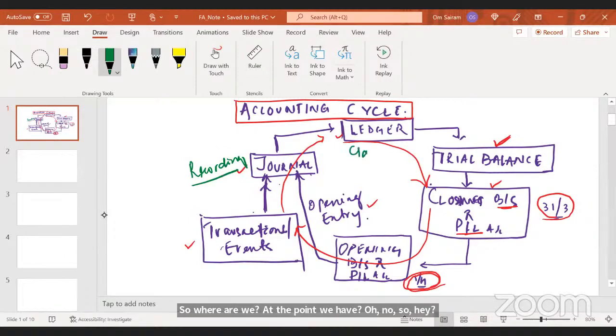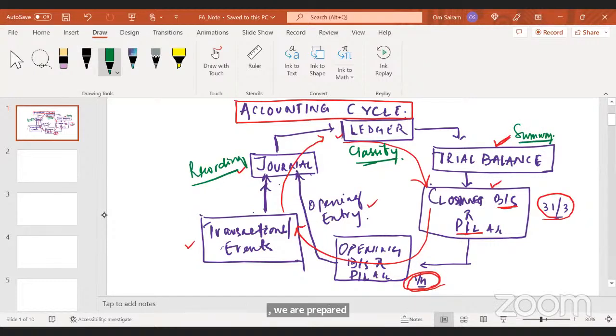We are classifying. Where? In the books of ledger. After classification, where are we preparing the summary statement? Here, with the help of trial balance. Okay. So accounting is the art of recording, classifying, and summarizing the business transactions and events.